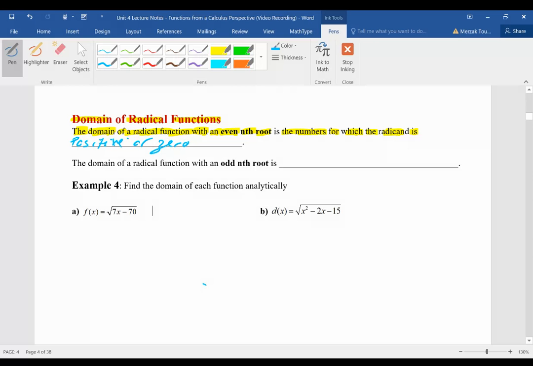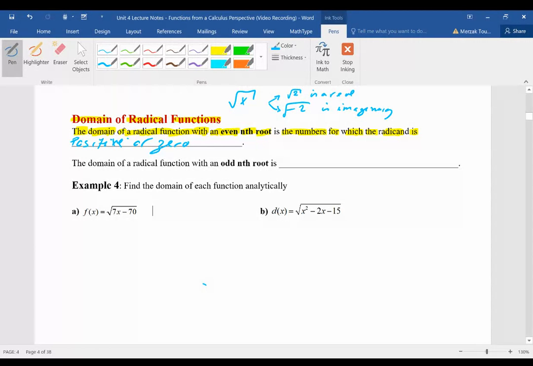Why is that? So, for instance, if we have square root of x. Now, if x is 2, then square root of 2 is a real number. But square root of negative 2 is imaginary.